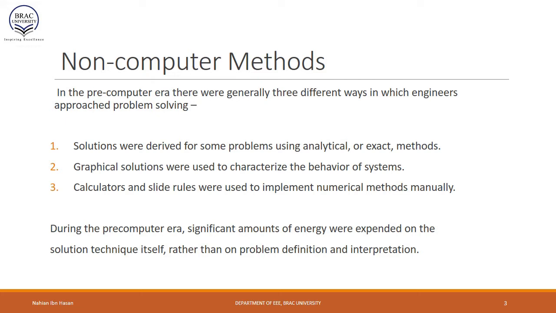These solutions were often useful and provided excellent insights into the behavior of some systems. However, analytical solutions can be derived for only a limited class of problems. As we said, most of the problems do not have analytical solutions. So how do we solve those problems that cannot be solved using analytical or exact methods? And that's why numerical methods are important.